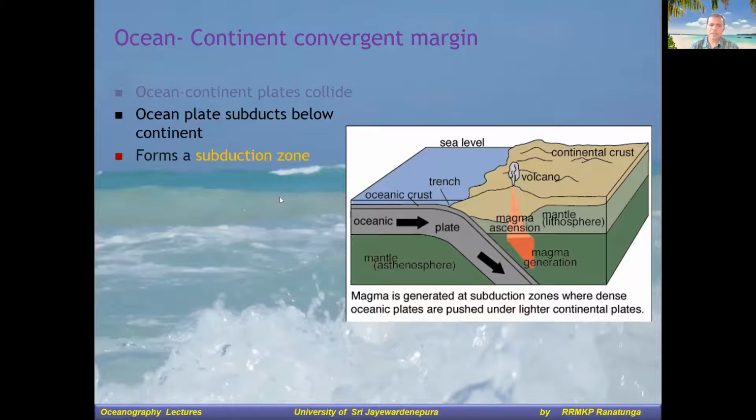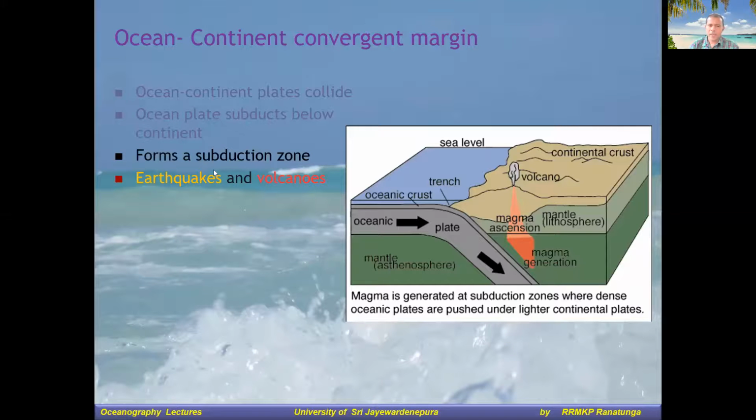So it's a subduction zone. And as I mentioned, there are a lot of earthquakes and volcanoes, explosive volcanic activities, and that's what actually happened in the 2004 tsunami, which caused a huge impact to a major part of the world, right?